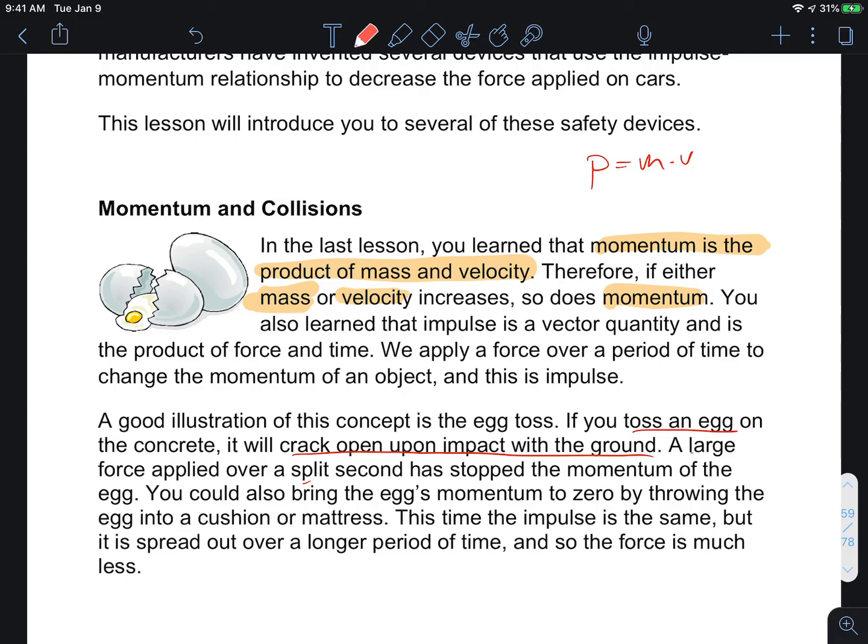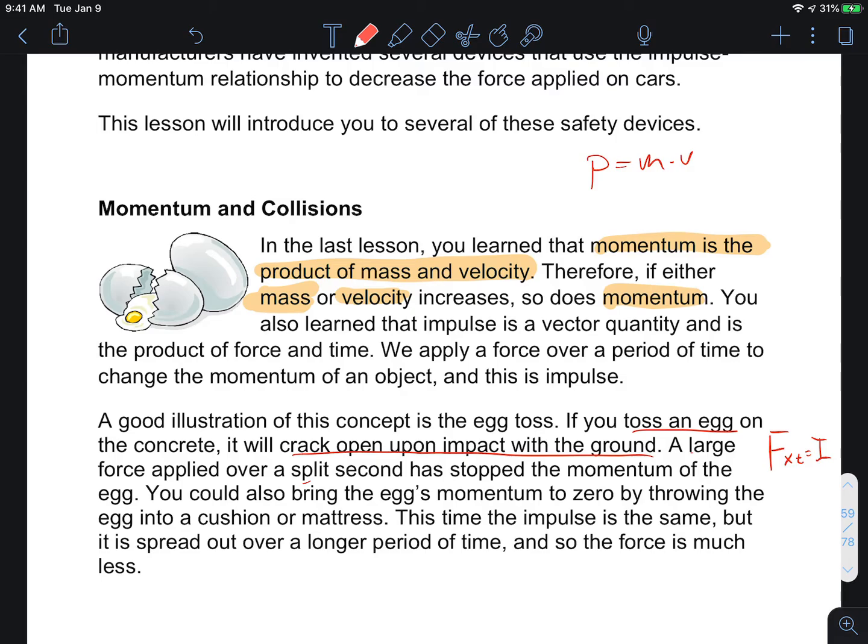A large force applied over a small time gives us the impulse required to stop the egg. The egg did stop, but the force was so large that it overcame the forces that hold the egg together, and it cracks open. The eggshell can't handle this much force.